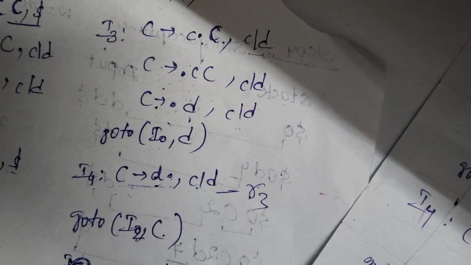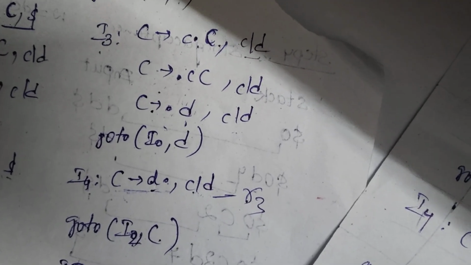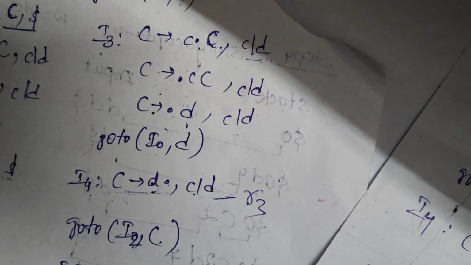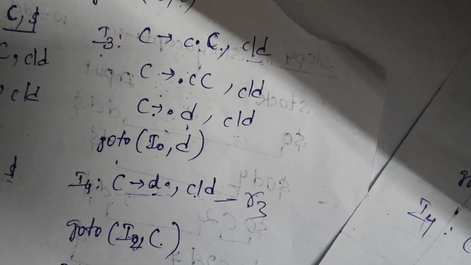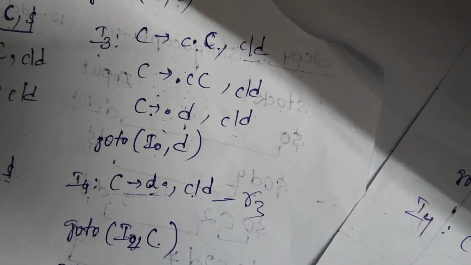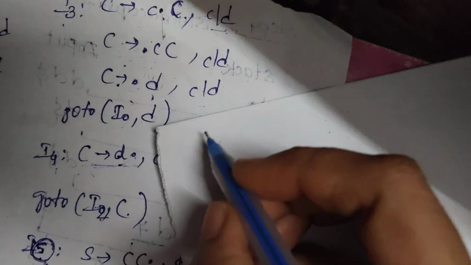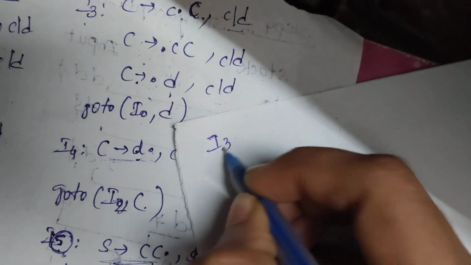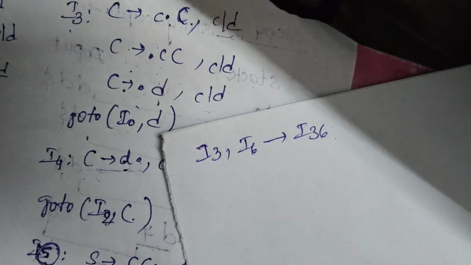If there are, you can combine them. This is the way of calculating LALR. That is the only difference between LALR and CLR. So I3 and I6 combined give us I36.